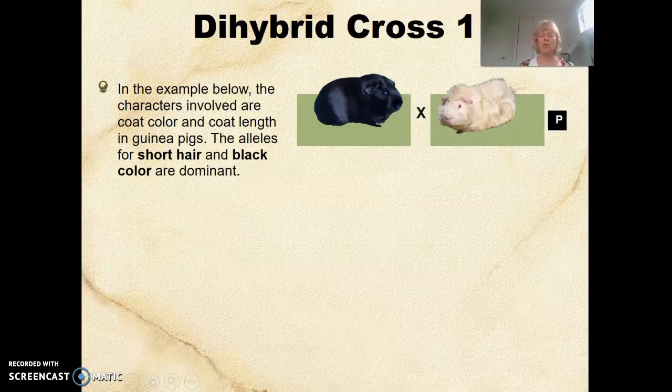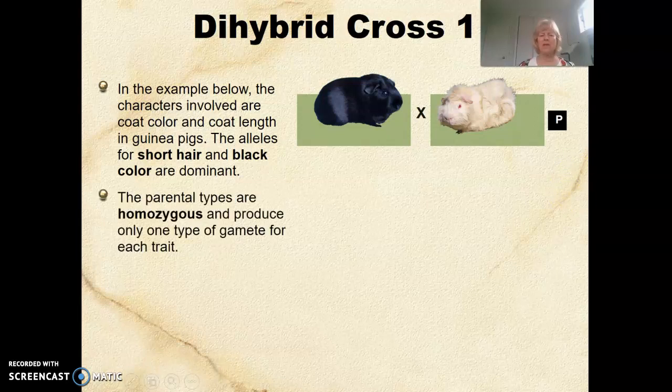So here are our two guinea pigs, and remember the terminology. The P generation is the parental generation, and the way these crosses are set up, we usually start with two homozygous individuals. So in this case, this individual is homozygous dominant for both traits.